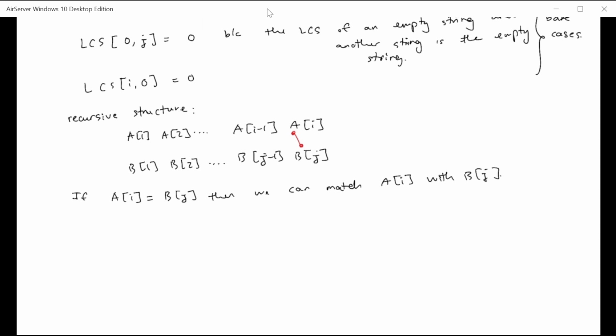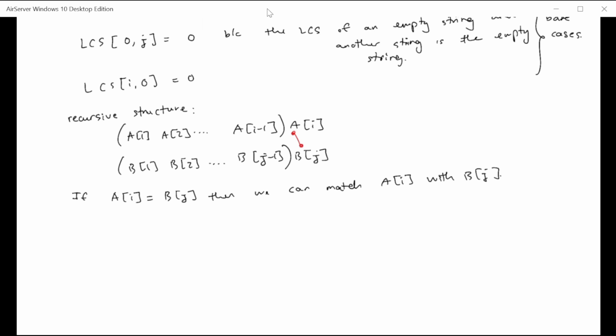Because then we would waste a common character. Okay, so the longest common subsequence is basically obtained by matching Ai and Bj. Okay, and then we find the longest common subsequence between the prefixes a1 up to ai minus 1 and b1 up to bj minus 1.